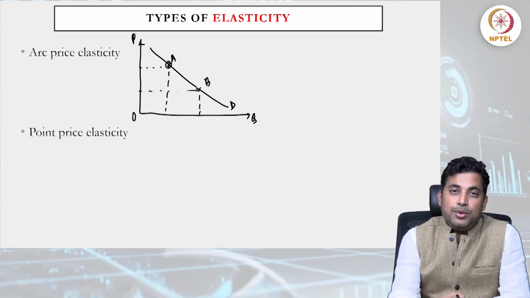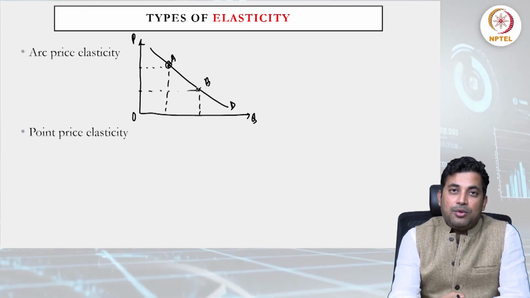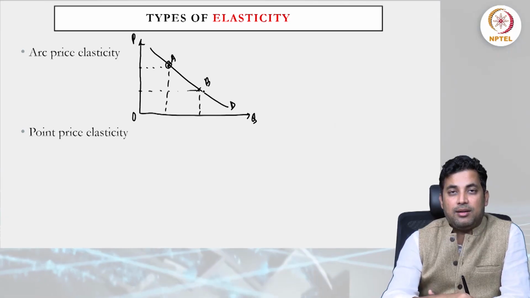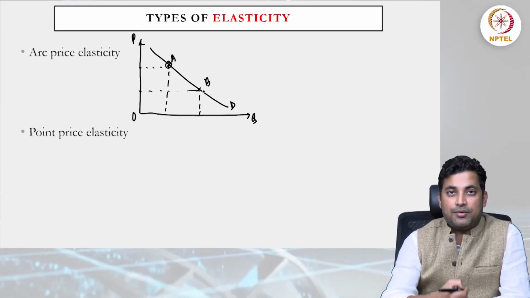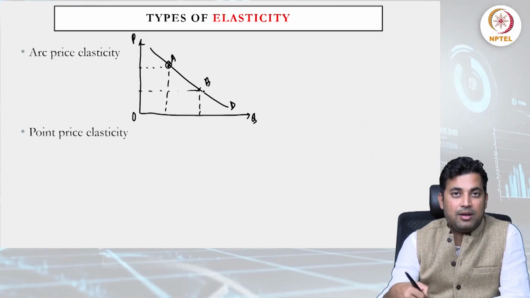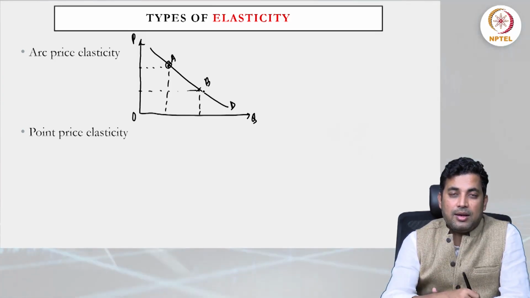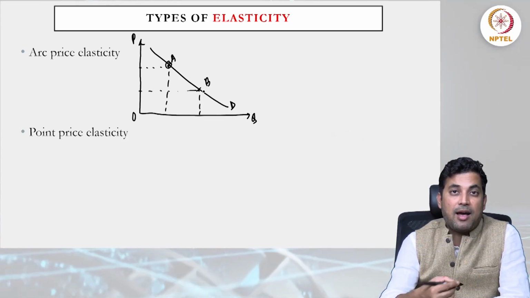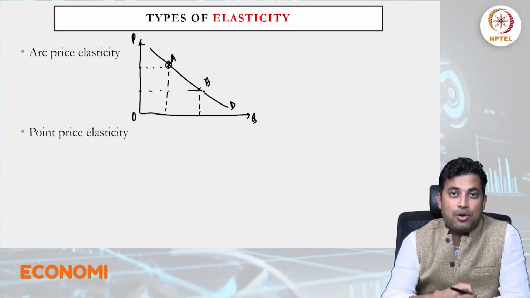But if we want to get the average between A and B, then we get the arc elasticity. So point elasticity is the elasticity we get at a particular point for any commodity, but arc elasticity is basically the average or the mid value of 2 points.